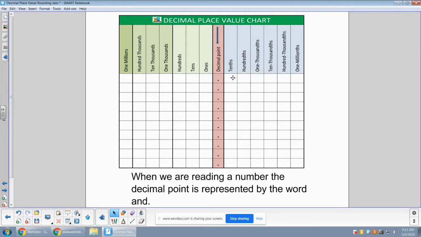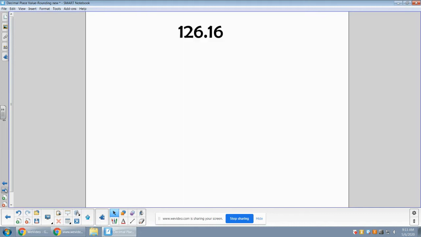Behind the decimal, we have the decimal place values, and they start with the tenths, the hundredths, the 1,000ths, 10,000ths, and so on. So when we're reading a number, the decimal point is represented by the word and. So kind of keep that in mind. So let's go ahead and look at a couple of examples.